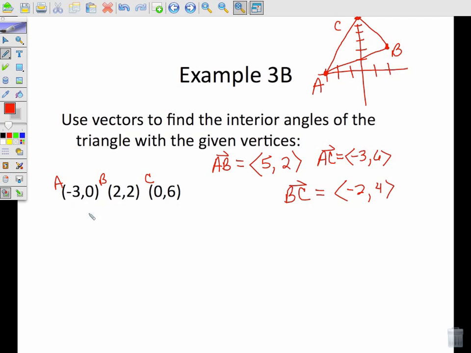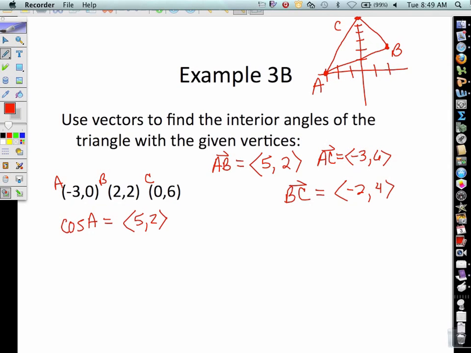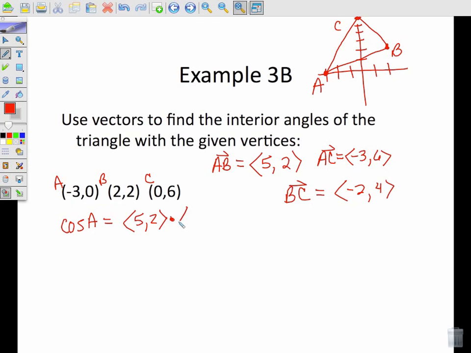All right, what we want to do is find angle A first. So cosine of angle A equals the dot product of the two vectors that form that angle. So it's the dot product of (5, 2) and, I'm noticing here that the vector from A to C would have been 0 minus -3, so this should be a +3.